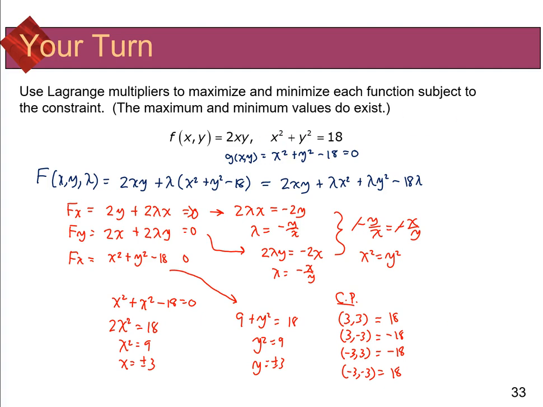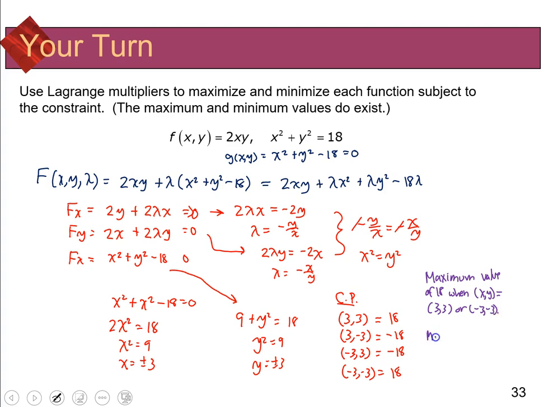So with that information, my final answer: I'm going to have a maximum value of 18 when my ordered pairs are (3, 3) or (negative 3, negative 3).